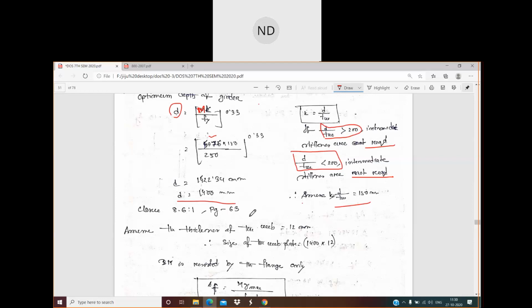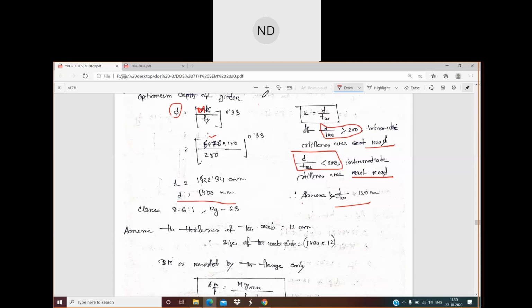Now assume the thickness of the web to be 12 mm. We will first assume the web thickness and web size, and then we will find out whether the sizes we are going to take are okay or not for the bending moment or the shear forces which we have got after calculation.